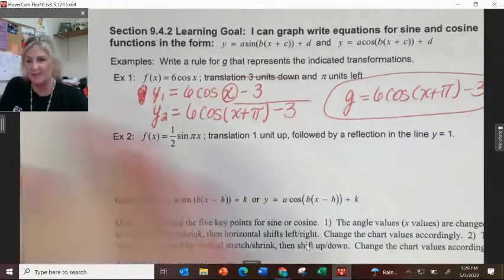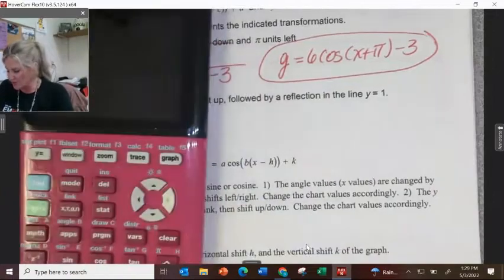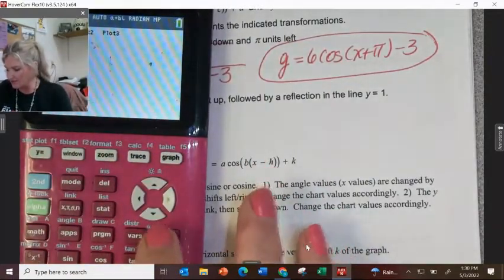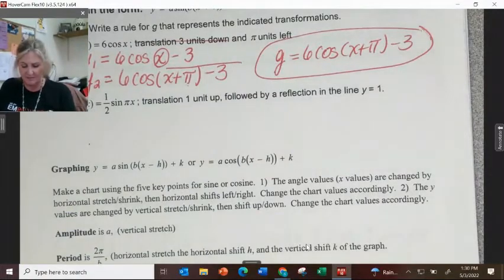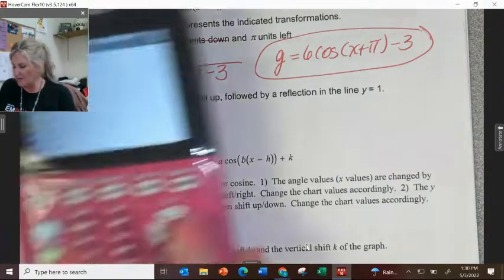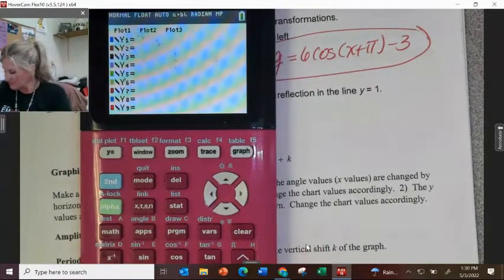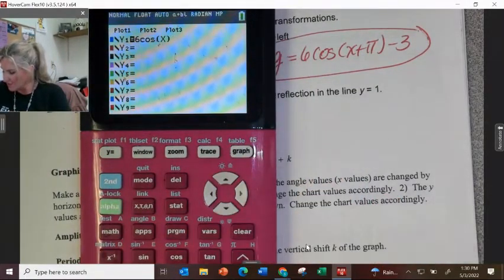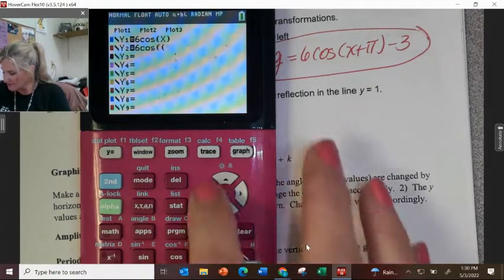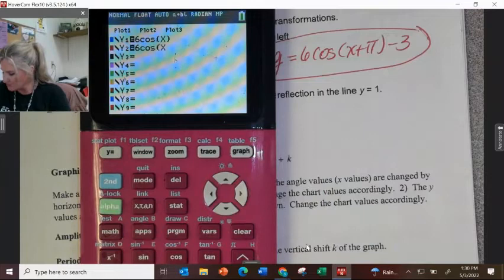Now I want to remind you of how you can use your calculator to check this and see if it looks good. In y sub 1, I'm just going to put in 6 cosine x. And then in y sub 2, I'm going to put in 6 cosine, x plus pi, and then minus 3.